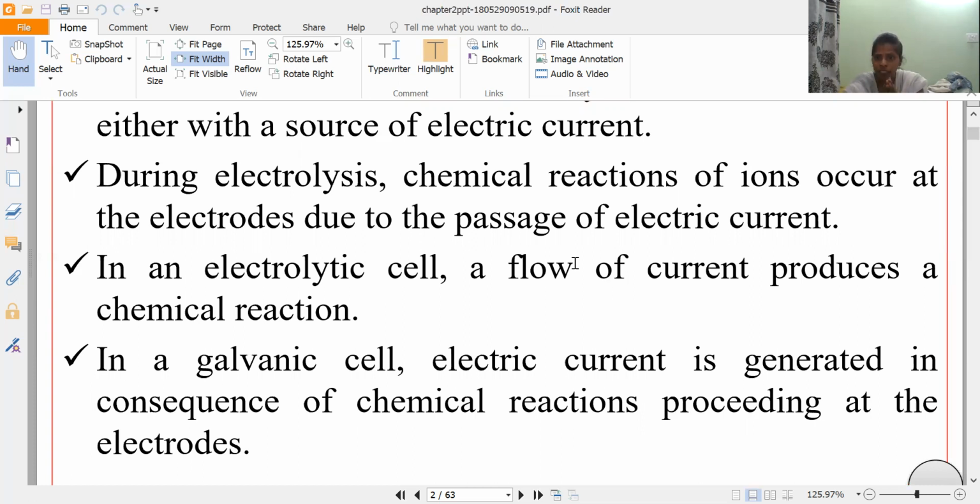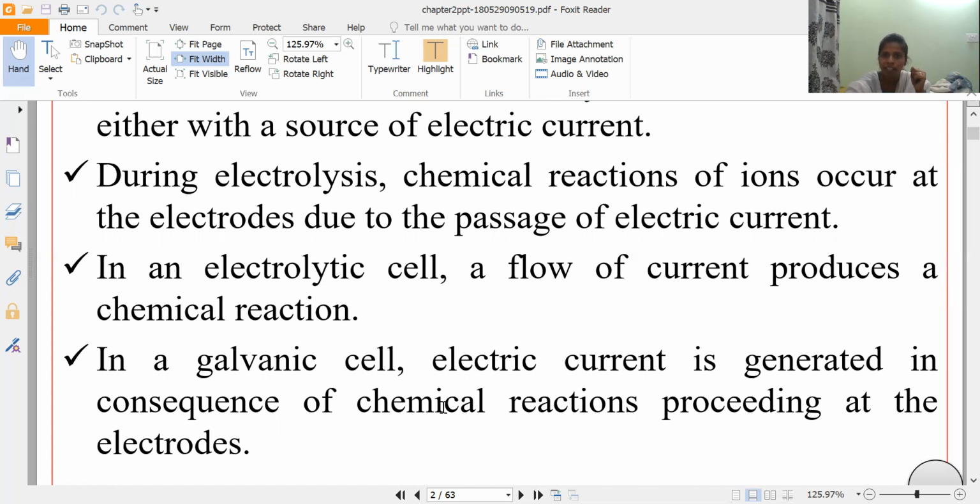Here electrical energy converts to chemical energy.